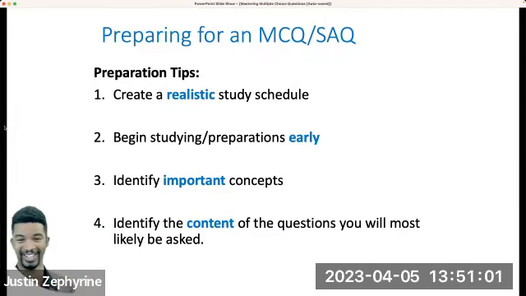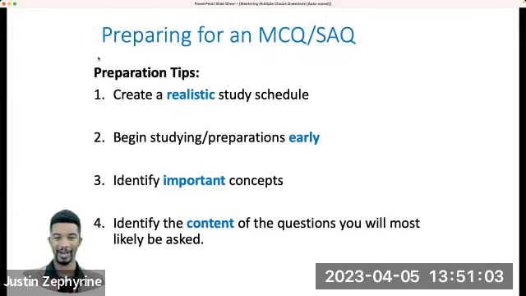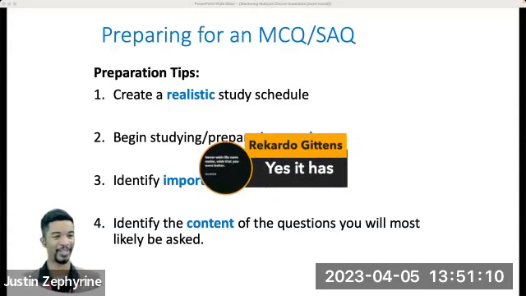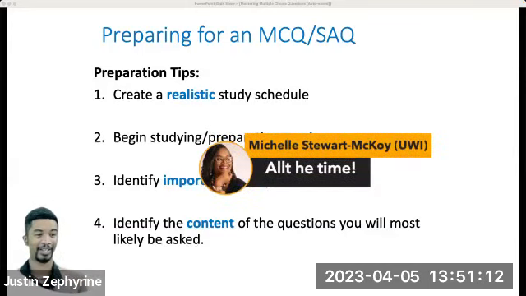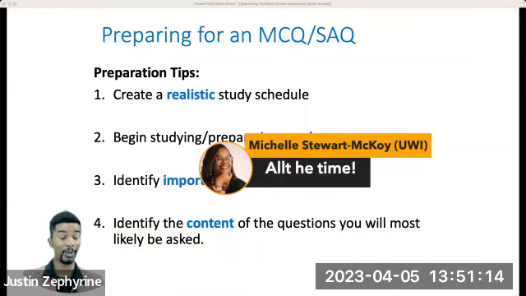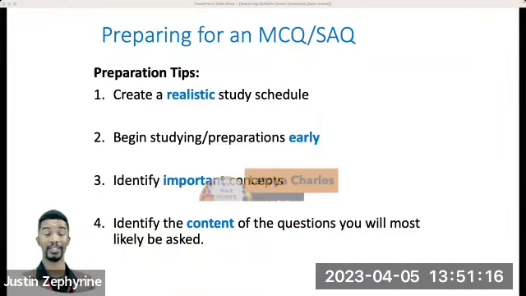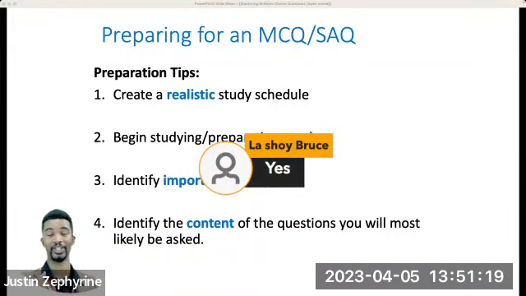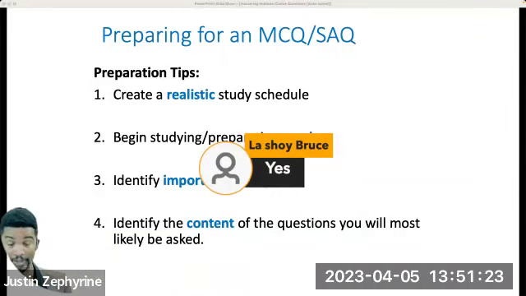Yes, Ricardo said yes, it has. Nice. Michelle is saying, oh, hi, Michelle. So you're going to feature some comments here, right? Yes, it has. Michelle said all the time, yes. And Michelle is just welcoming. Let me acknowledge Jamaica in the house. All right. LaShoy said yes. So this is definitely true.